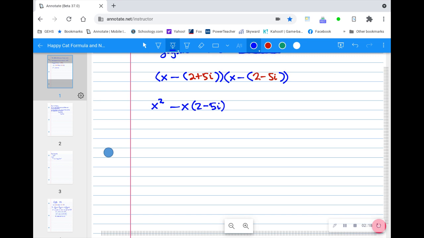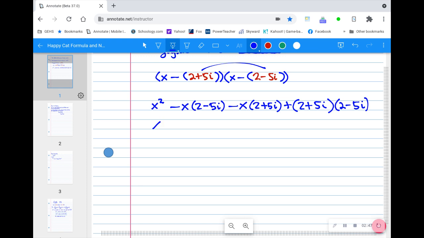This inside one is minus x times 2 plus 5i. And then we're going to multiply the last part times the last part, which is these two answers. Now there's a minus sign on each, so I'll start with a plus, since negative times negative gives positive. And we'll find out what 2 plus 5i times 2 minus 5i is in a minute.